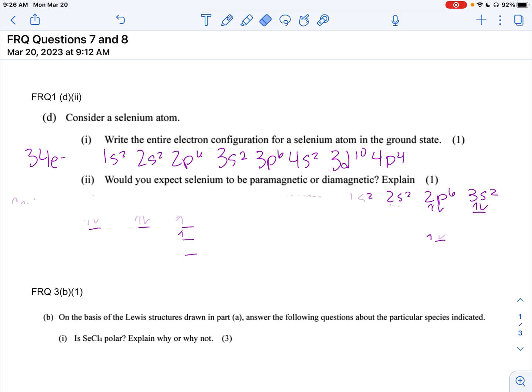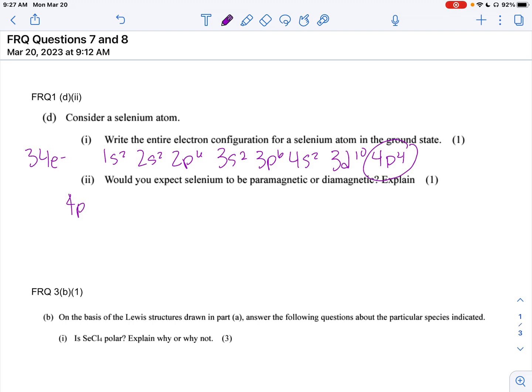So let's see about selenium. Now, to make this easier on yourself and to save time, I would not worry about doing all of the stuff until the very end, right? Because you know all of those are paired unless it's one of those electron configuration exceptions, which selenium is not. So let's just look at P4.